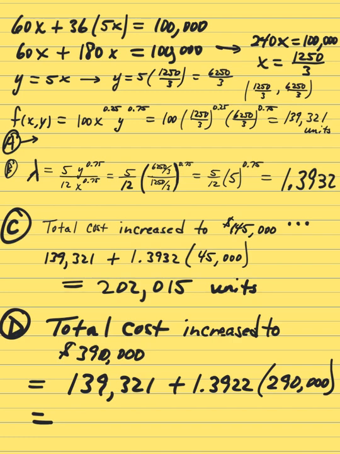Right here. Let me double check that calculation. Yes, so that number is fine, 202,015 units. It will make a difference down here, though, because I goofed that. That's supposed to be a 3. Okay.